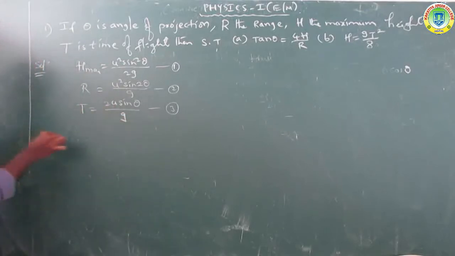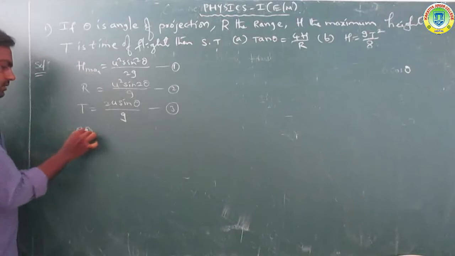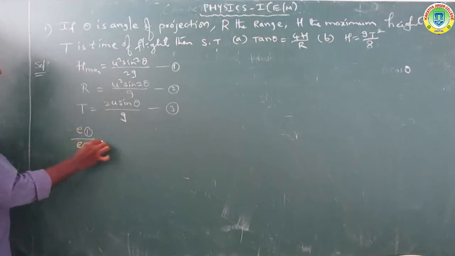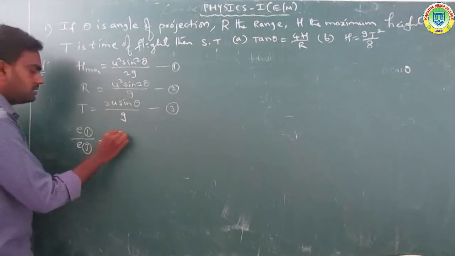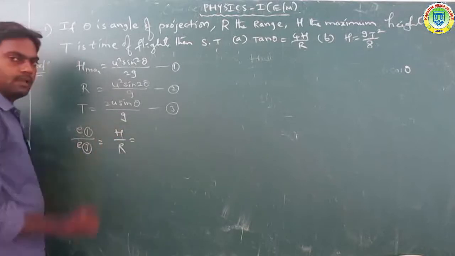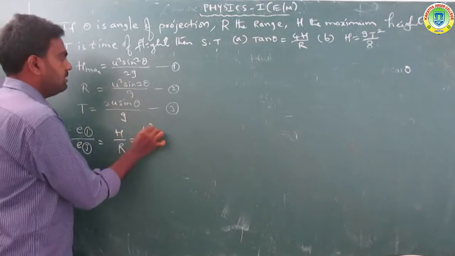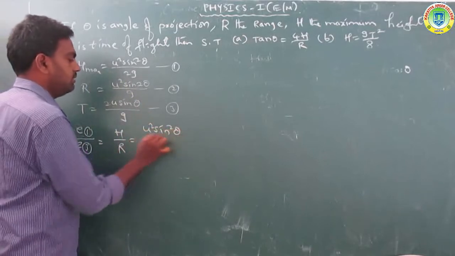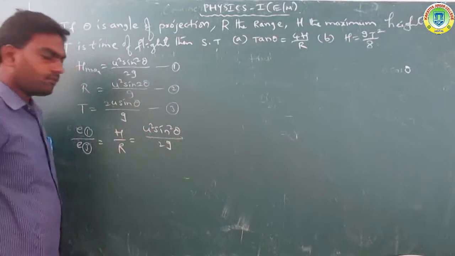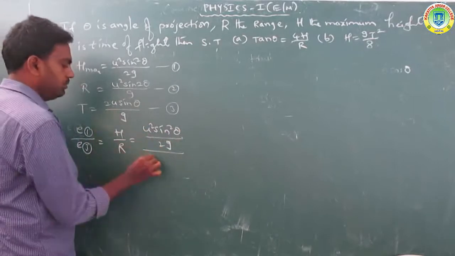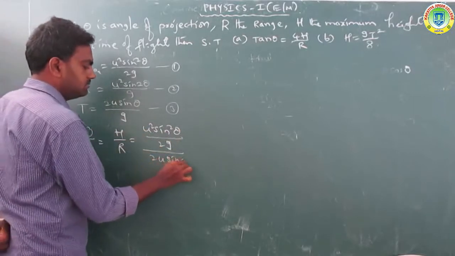So now equation 1 divided by equation 3. That gives h by r is equal to u square sin square theta by 2g divided by r, where r is taken as 2u sin theta by g.